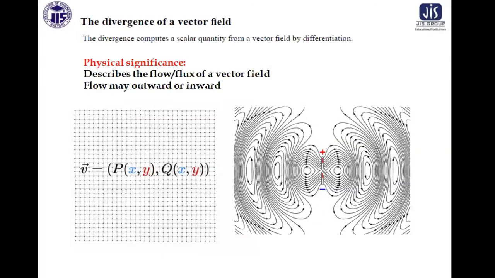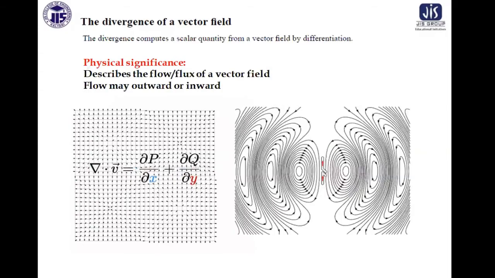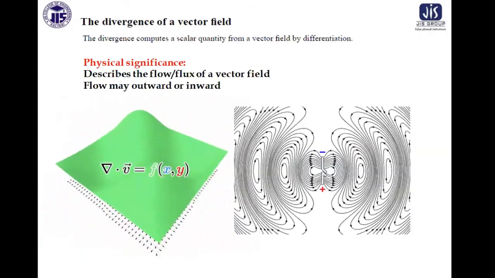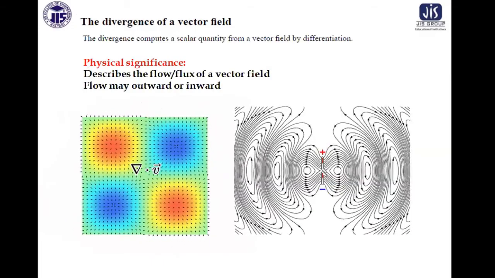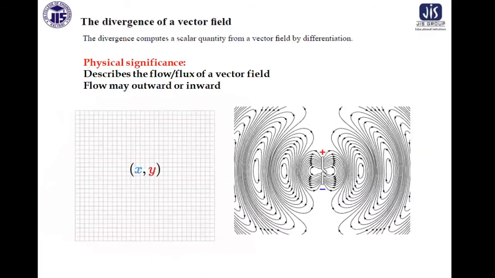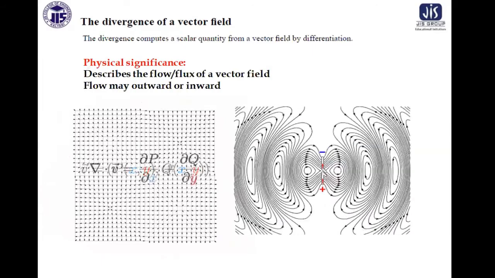So divergence is 0 for the magnetic field. You can see this in the case of charges. Divergence is there. Divergence means flow of a vector. Look at the left hand side animation, it's a beautiful animation. There is a flow.